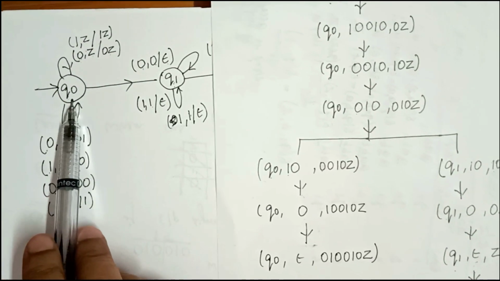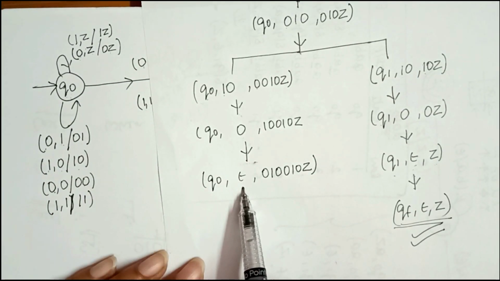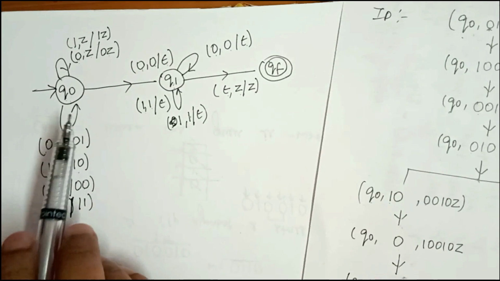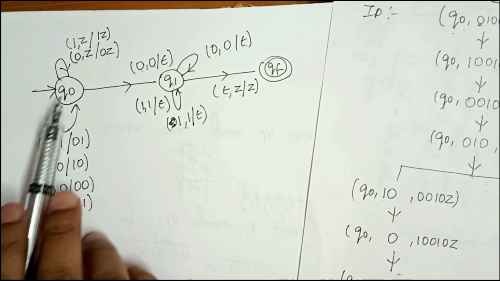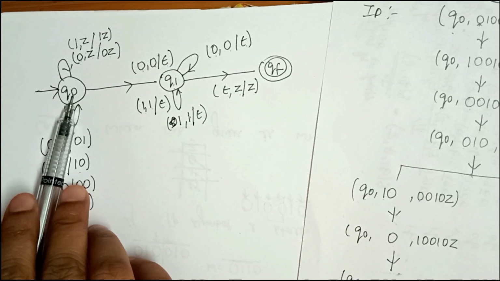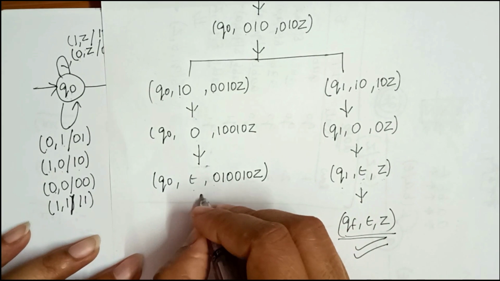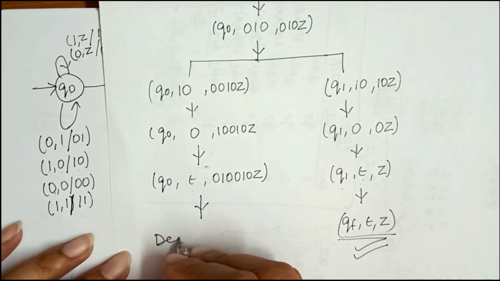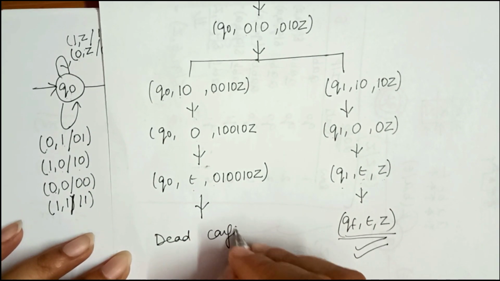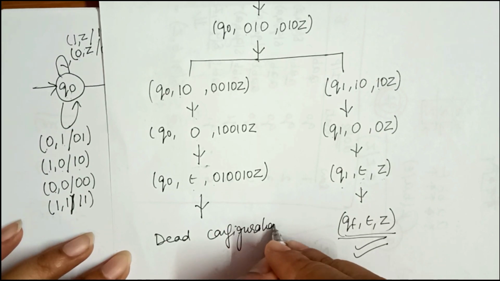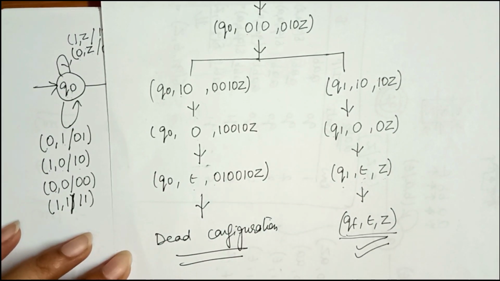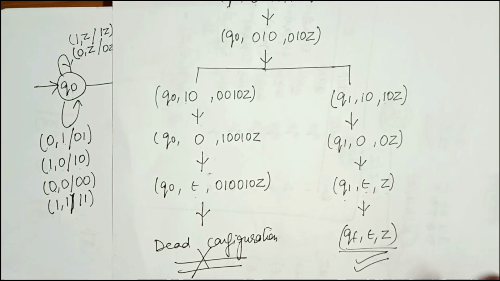Now on the Q0 state, the input symbol is epsilon and the top of the stack is 0. There is no case for the Q0 state in which we read the epsilon condition. So this reaches a dead configuration and it will not accept the input string.